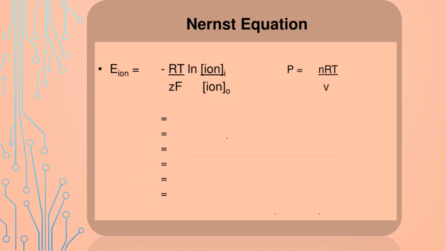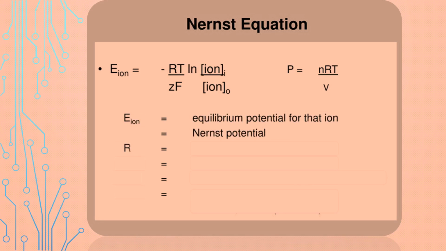In front of us is the Nernst equation, where E represents the electrical potential, R represents the universal gas constant, which equals 8.31 joules per Kelvin per mole. T represents the temperature in Kelvin, which equals 298 Kelvin at 25 degrees Celsius.